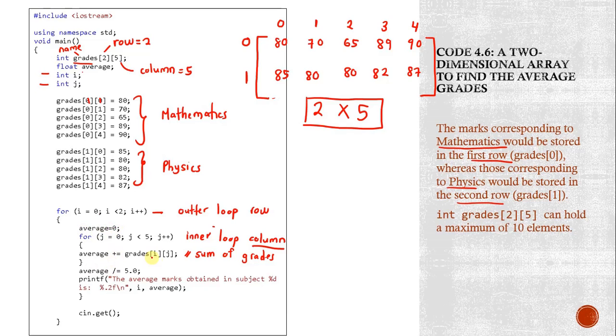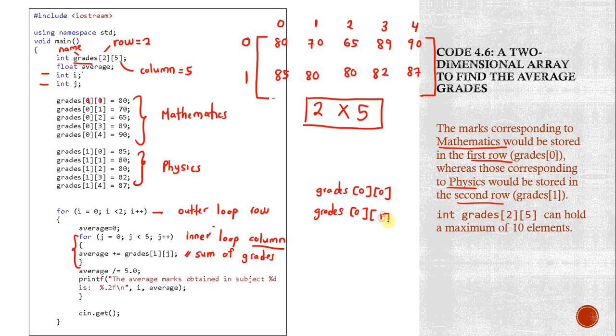Okay, initialize to 0, and then grades start from I 0. So the first loop will be grades 0, when I is 0, j is 0. And then within this loop, I is still 0, but my j will be 1 plus 1.